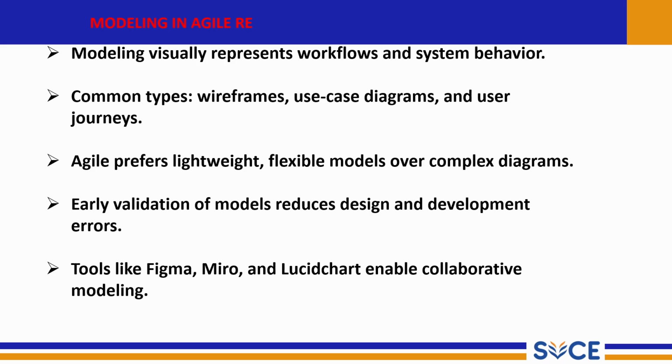Modeling in agile prefers lightweight, flexible models over complex diagrams. Early validation of models reduces design and development errors. In modeling, tools like Figma, Miro, and Lucidchart enable collaborative modeling.